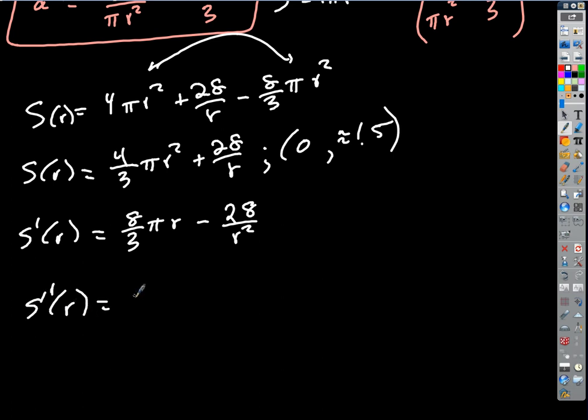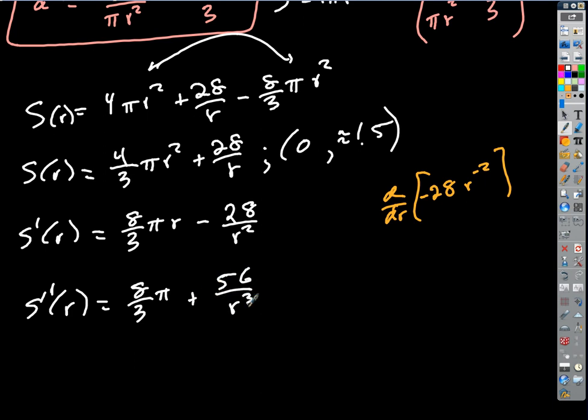Second derivative is going to give us 8/3 pi. And then here I've got the derivative with respect to r of negative 28 r to the minus 2, which would be positive 56 r to the negative 3. So any value of r I plug in there, I'm getting positive results.